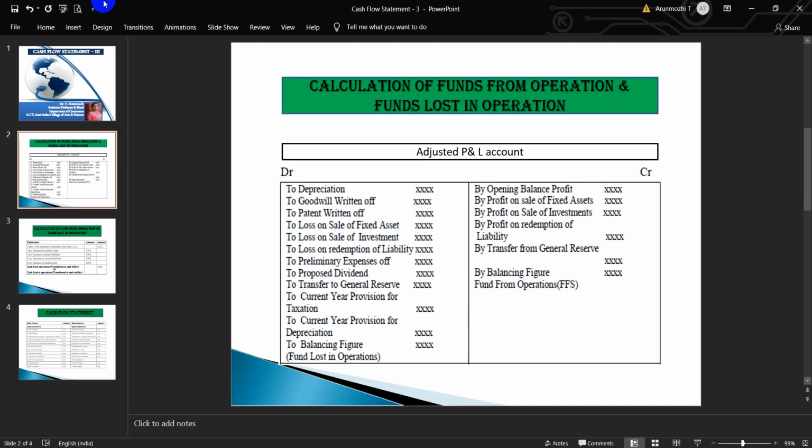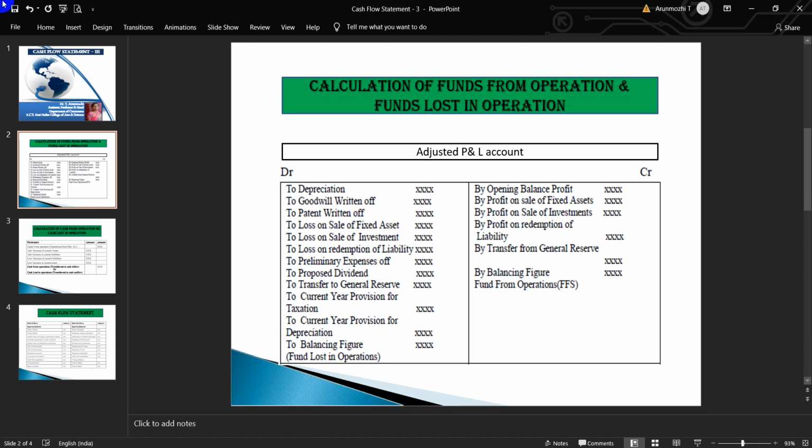So now we proceed with the funds from operation, the problems related to the cash from operation. The first step is to find out the funds from operation. This T form is an adjusted P&L account with the debit and credit side we have seen.